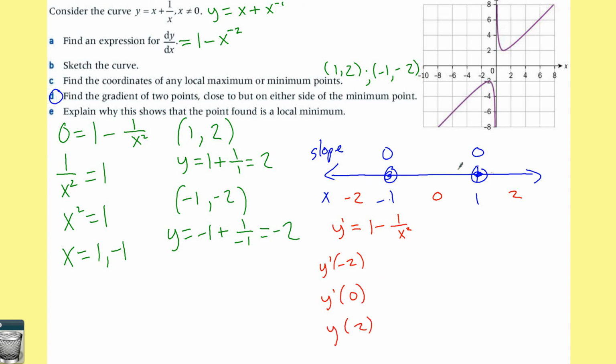I'm picking the numbers around my turning points. If I plug in negative 2, I get 1 minus 1/4, so I get 3/4.